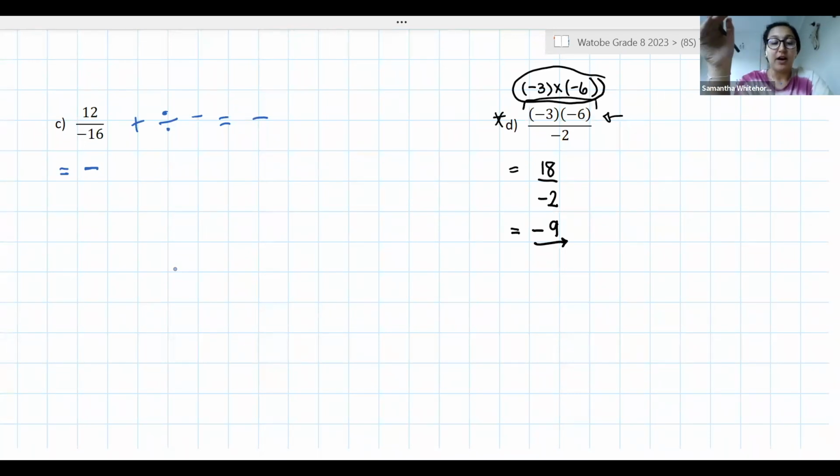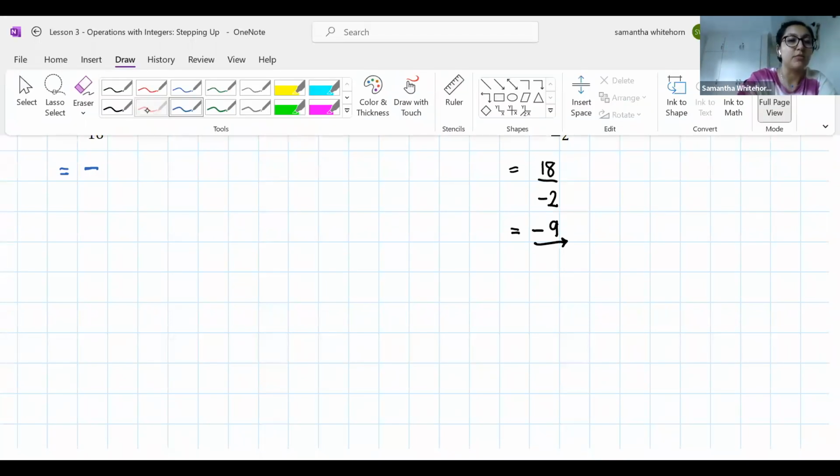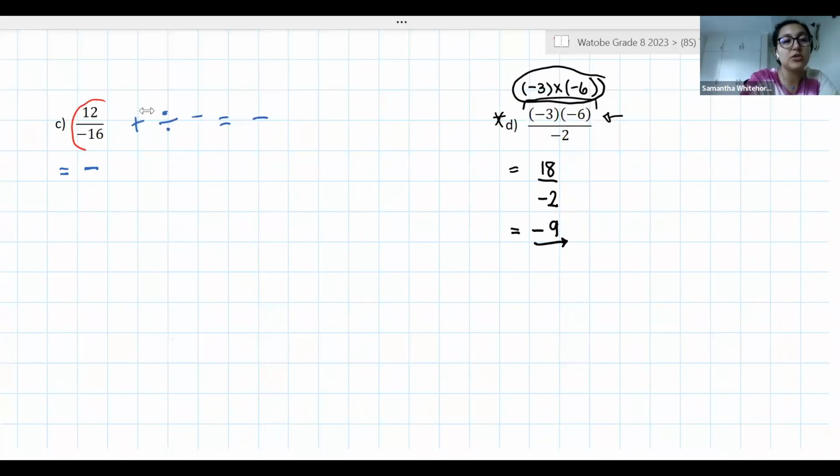0.75 is absolutely fine. Personally, I just hate decimals. It's just a personal issue I have with decimals. So what we need to go back to is our fraction knowledge. When we've got a fraction that we want to simplify, we want to ask ourselves what divides into both of those.